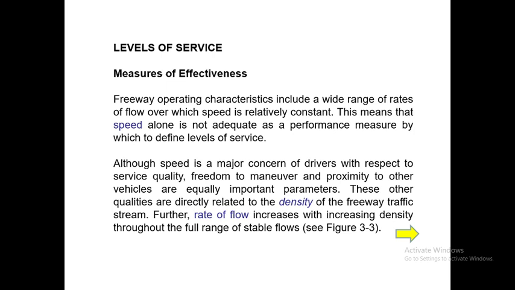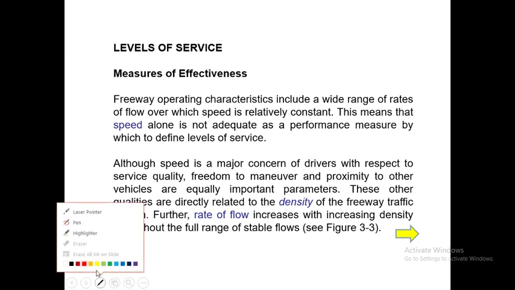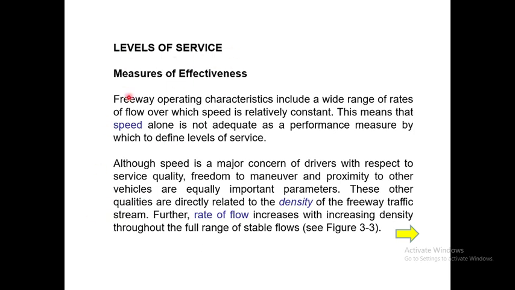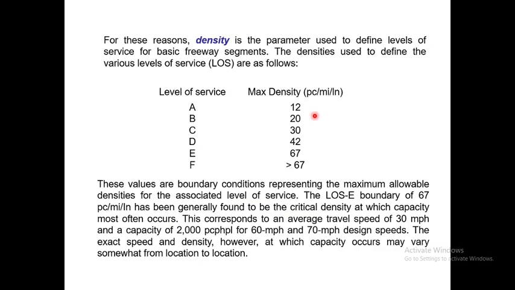If you remember, as we mentioned in the last session, level of service is not a value. Level of service is a range. So for calculating the level of service, we need a range. We usually use density, the maximum density at a free flow speed or traffic flow, as the limitation for the level of service.